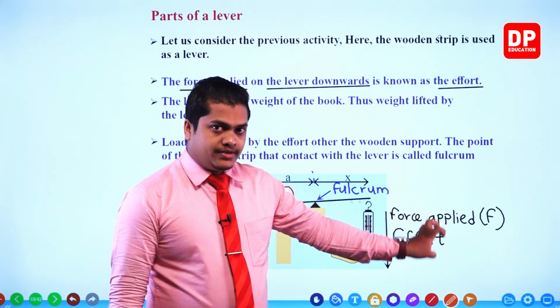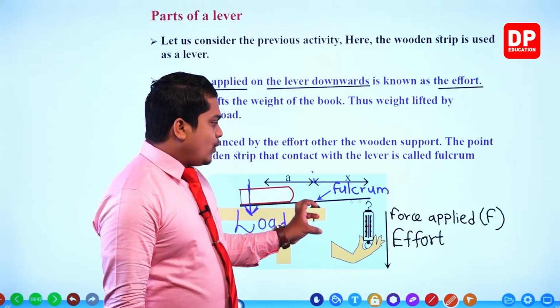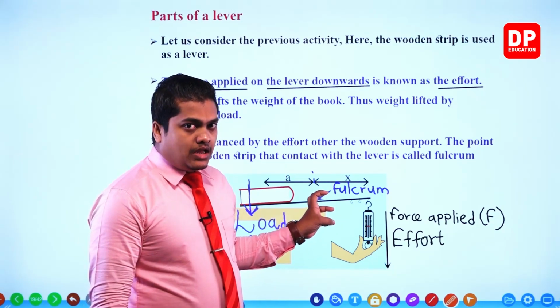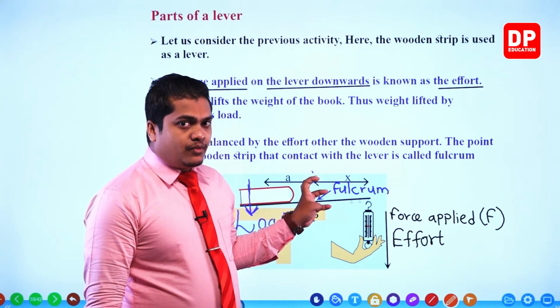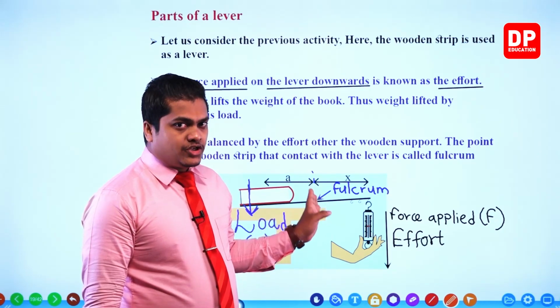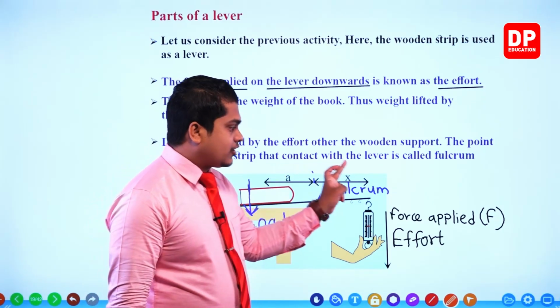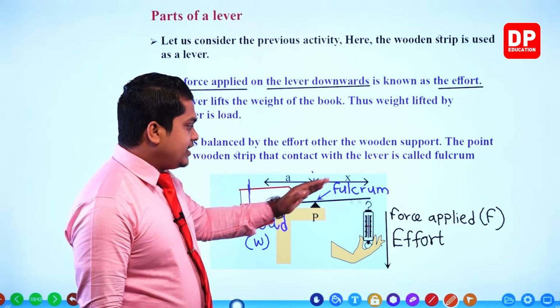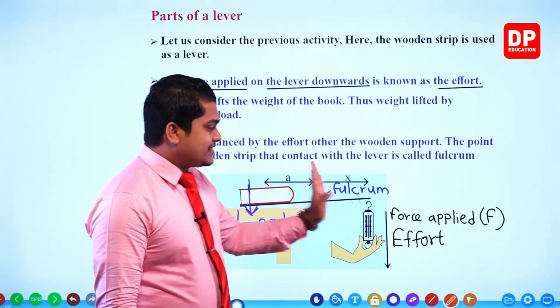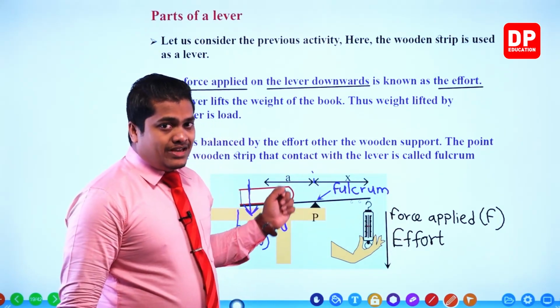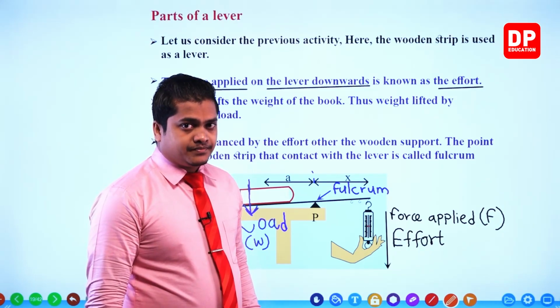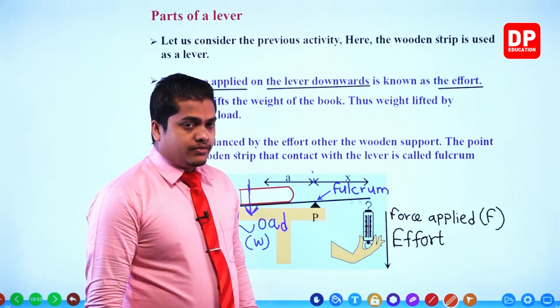This is the effort. The point where the lever is getting contact with the wedged point or the wedge is referred to as the fulcrum. From the wedged point on either side, the force and the load are getting balanced. Fulcrum.